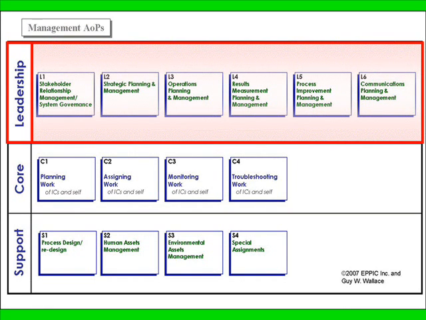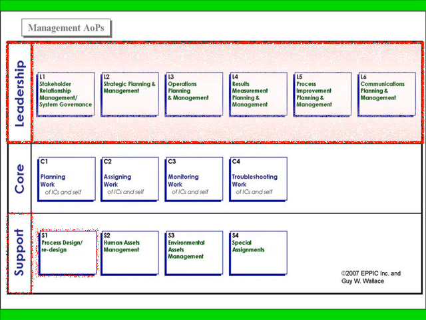The higher one is in the organizational structure as a manager, the more one's job focuses on this. However, middle managers also have a role to play in this, as well as lower level managers and individual contributors.